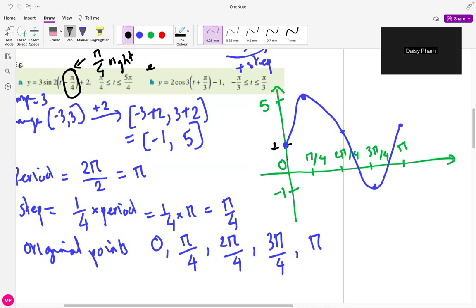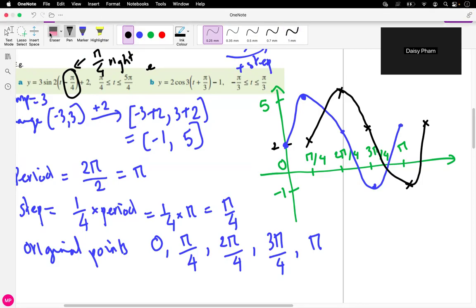This 0 here, you move 0.4 to the right and it becomes here. This point moves 0.4 to the right and becomes here. This becomes here, this becomes here, and this moves 0.4 to the right and becomes here. If I link them together, the graph will look like that. So this will be the final graph.